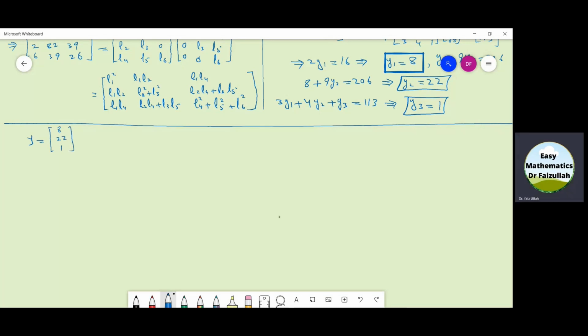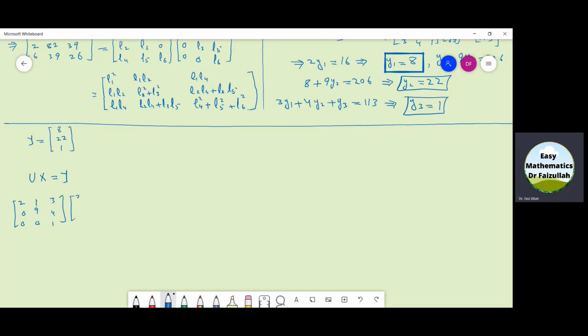And now let us solve Ux is equal to y to get the required solution x. So the value of U, which we have, is 2, 0, 0; 1, 9, 0; 3, 4, 1.